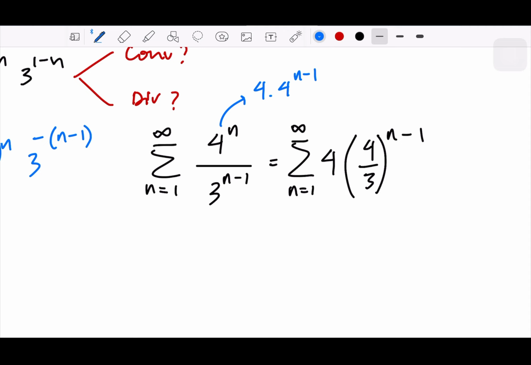So I can group these 4 to the n minus 1 with 3 to the n minus 1 to become 4 over 3 to the n minus 1, and then it will be 4 for the number 3.